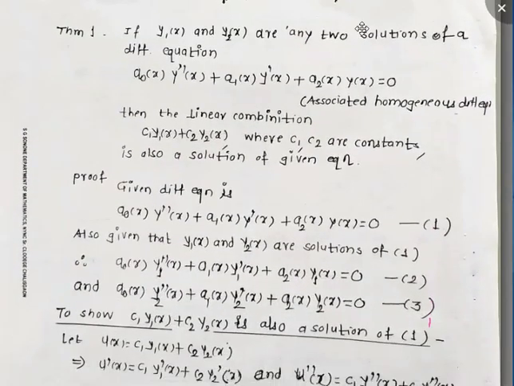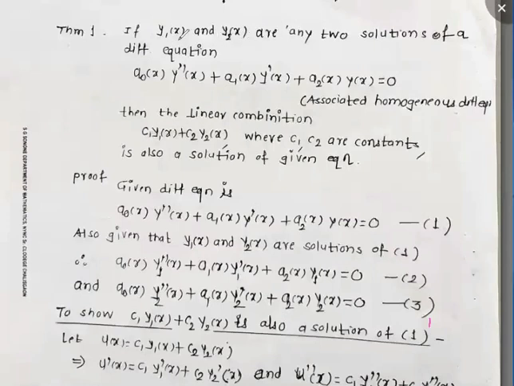Now the first result. If y1, y2 are two solutions of a differential equation, now look at this, the right hand side is 0. It is called a homogeneous differential equation, or associated homogeneous differential equation. The left hand side is the same, only the right hand side we have taken as R(x) = 0.